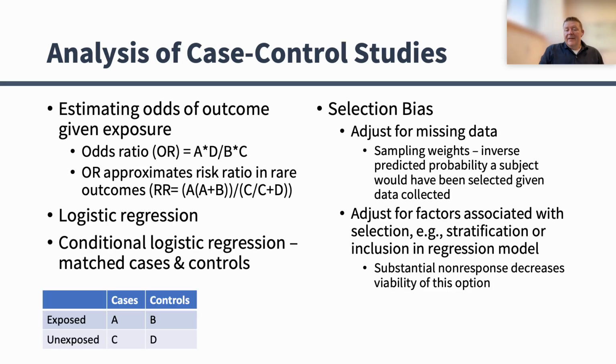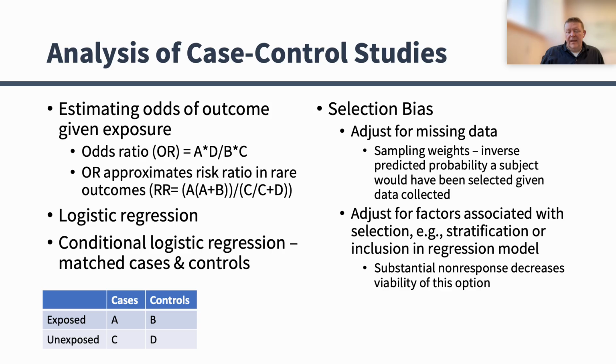So once we have our data, how do we analyze it? Estimating the odds of an outcome given exposure is what we're doing. We're calculating what's known as the odds ratio, which we go to our contingency table here, and we're doing cross multiplication.